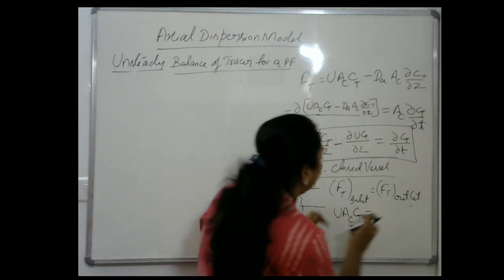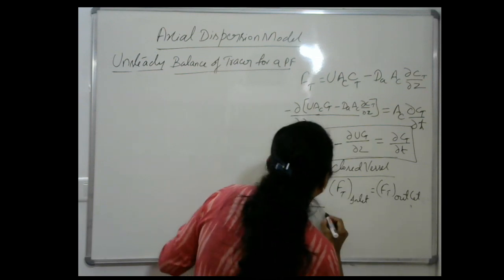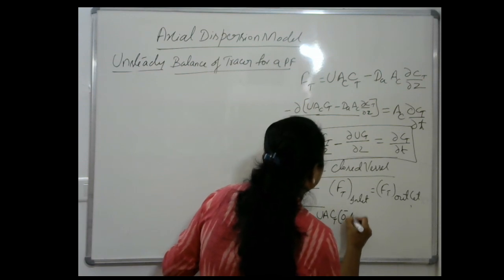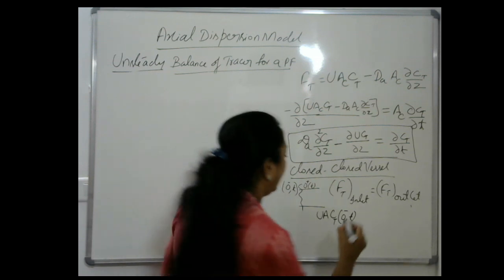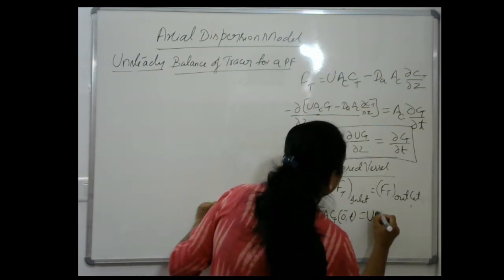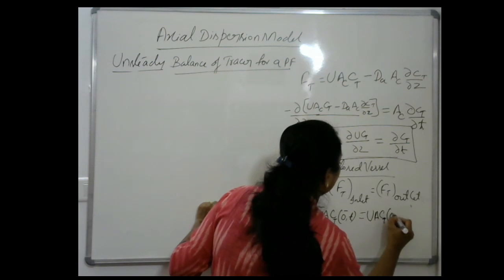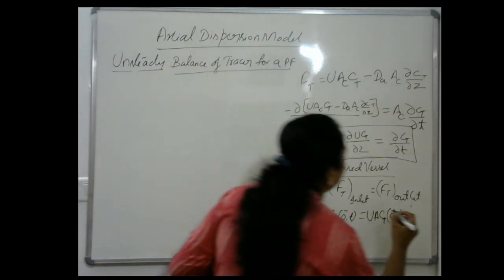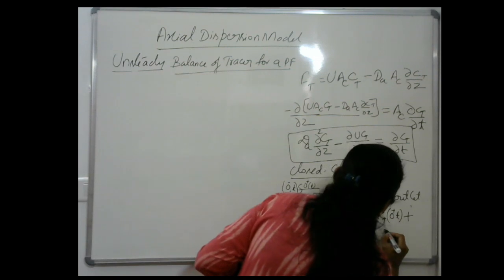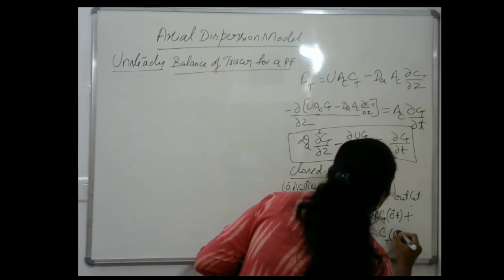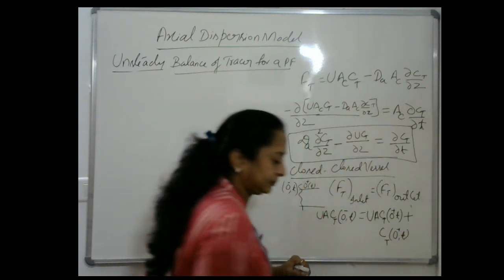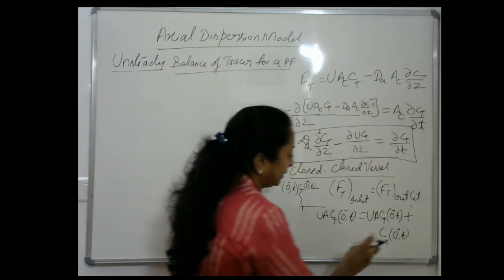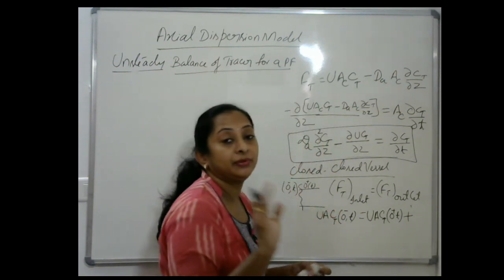When I write this U A_c C(t) at the inlet, denoted as 0 minus and t, this will be equal to the outlet U A_c C(t) at 0 plus, t, and now I have to write one more term here, and that is I have to account for this diffusivity, right?